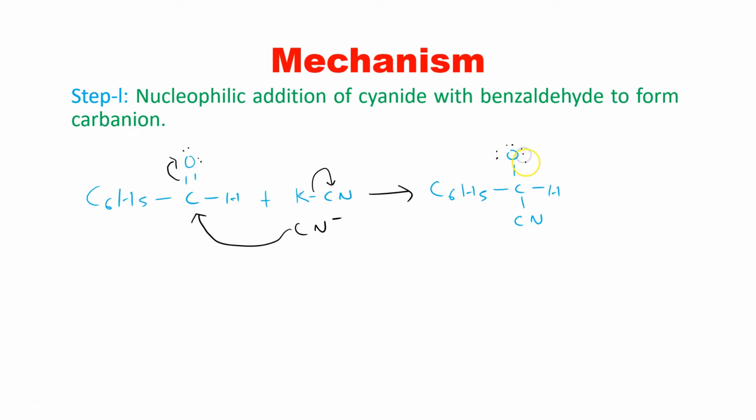Now there will be a proton shift. Proton shift means the electron pair will abstract the proton, and this proton will leave the electrons on the carbon. So this is a reversible step.